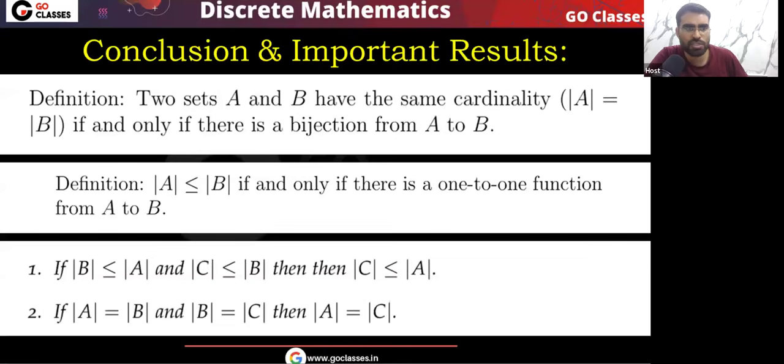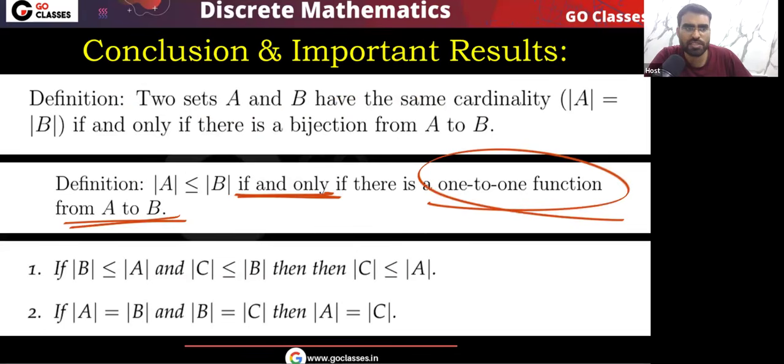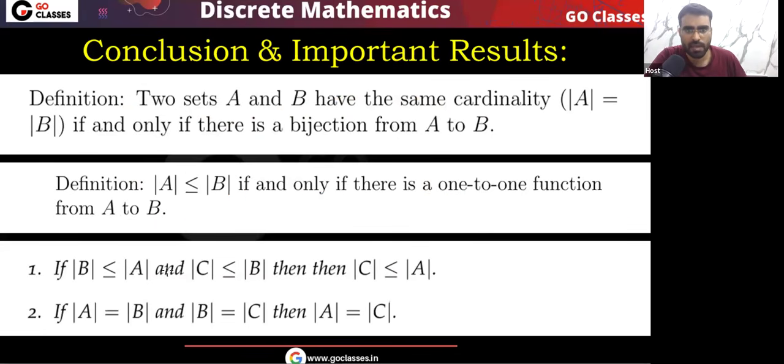Very simple. So this is the final conclusion. Remember, the conclusion and important results. We have seen everything. Two sets have the same cardinality if and only if there exists a bijection between them. Also, cardinality of A is less than or equal to cardinality of B if and only if there exists an injective, one-to-one function from A to B. And these are very intuitive results about the cardinality of a set.